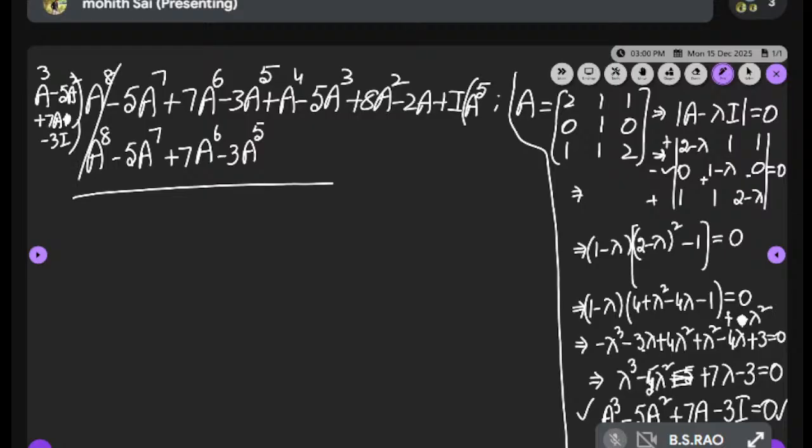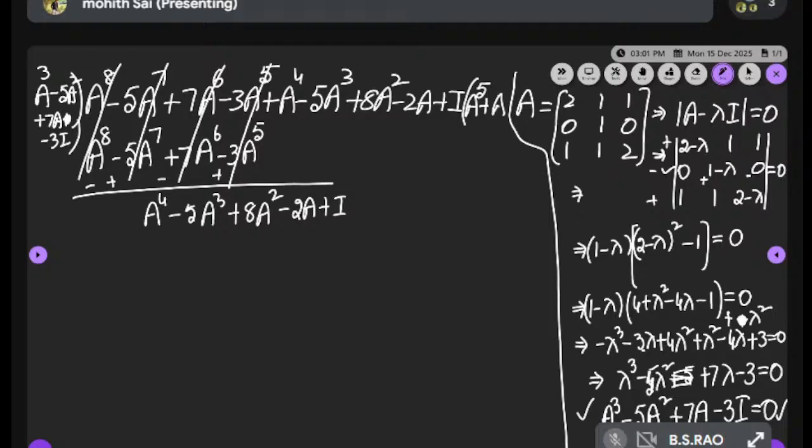All gets cancelled or not? I'm dividing the entire matrix polynomial with that Cayley-Hamilton theorem result. Remaining A power 4 minus 5A cube plus 8A square minus 2A plus I. Again, what you can do?